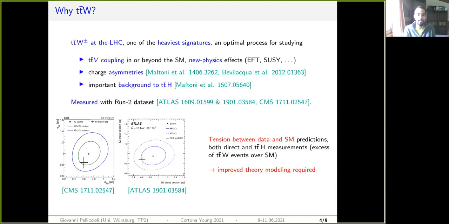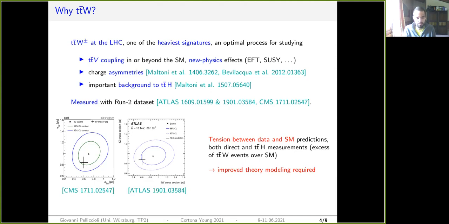Why TTW? TTW at the LHC is one of the heaviest signatures and also a rather rare process. It's optimal for studying the coupling, in or beyond the standard model, between top quarks and weak bosons. And in particular, in the multi-lepton final state, it can embed several new physics effects, due to the fact that when one has same-sign leptons, for example, SUSY particles can be around, so beyond-the-standard-model effects can be in the game.